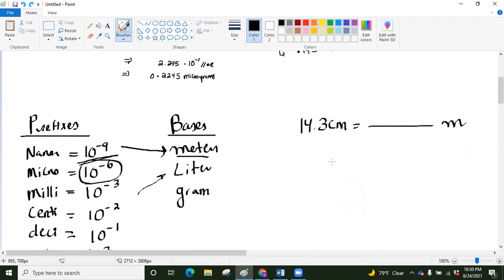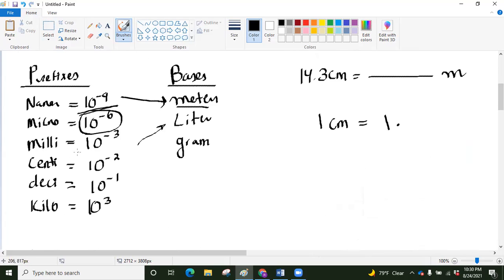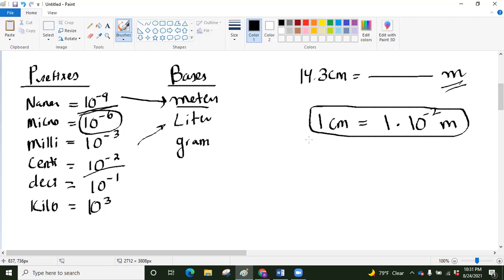And so what we'll say here is, okay, 1 centimeter is equal to 1 times, and we'll lift it off the table, that's centi, 1 times 10 to the -2 meters, right? We're getting that base in there. And this is our conversion factor. And now it just really becomes a piece of cake.